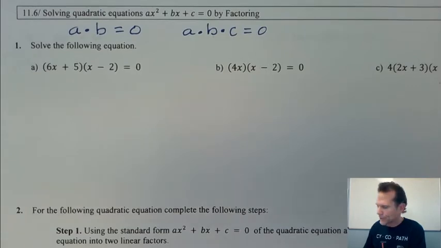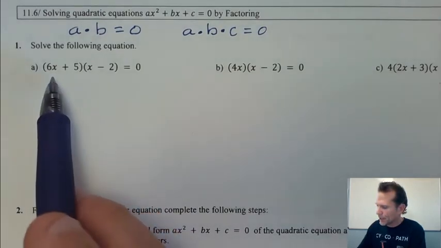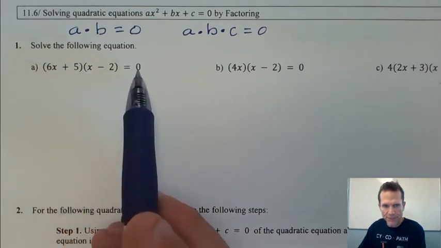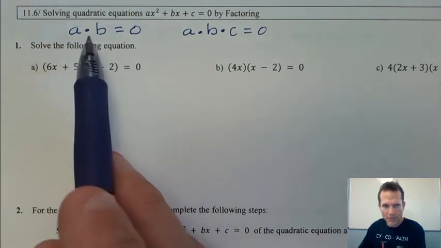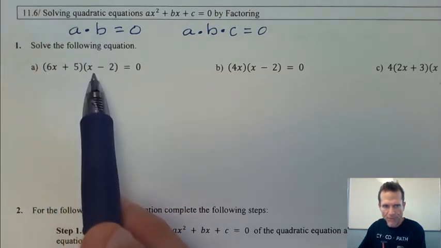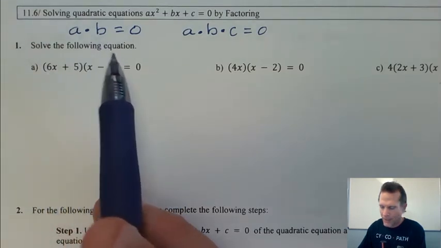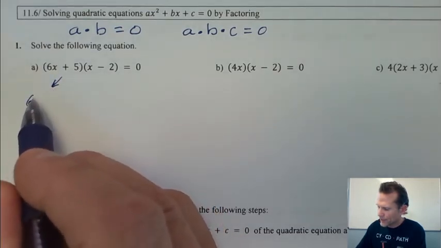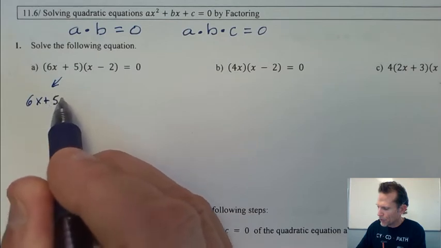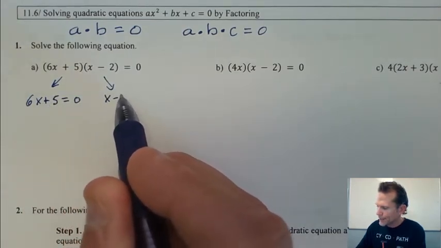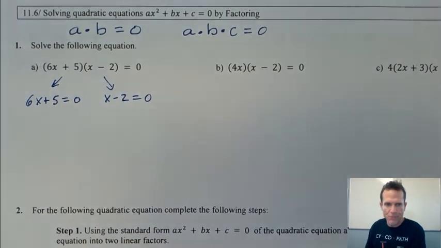But getting started with this, it says that this parenthesis times this parenthesis is equal to 0. So similarly to this, we can say, well, either this is 0 or this is 0. And so a nice little template to use on this, and I tell students, set both or all pieces equal to 0, and then solve each individual piece.